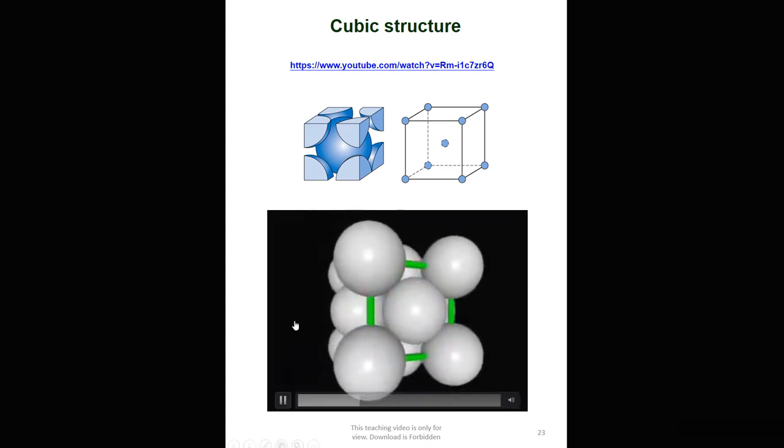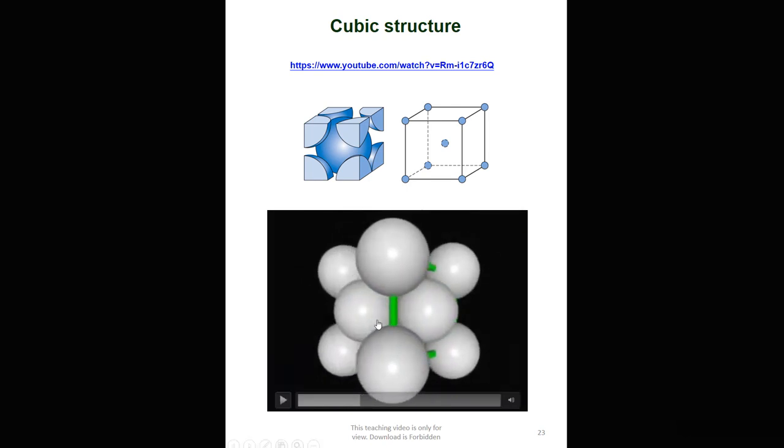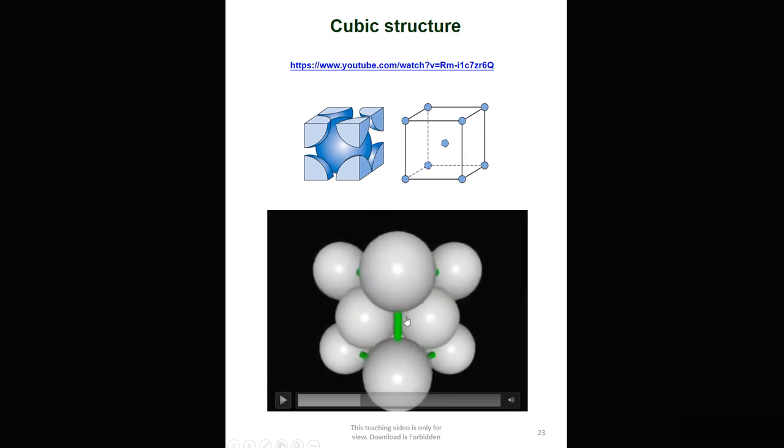In a space-filling model of the face-centered cubic unit cell, you may look during the high temperature. Here is more space, so the carbon atoms could exist here. So during the cooling process, the carbon atoms are here, and cooling to room temperature, there is no more space for carbon atoms.